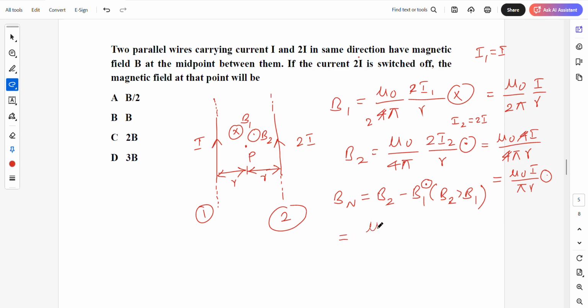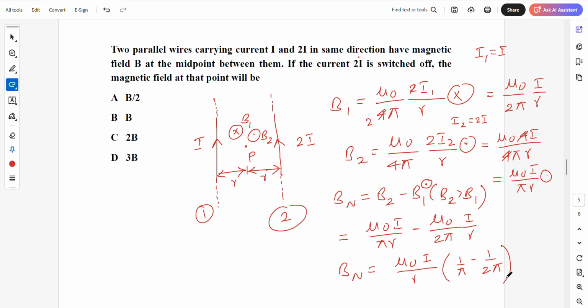B net is equal to mu naught I by pi r minus mu naught by 2 pi into I by r. That is B net equals mu naught by r into I, into 1 by pi minus 1 by 2 pi.